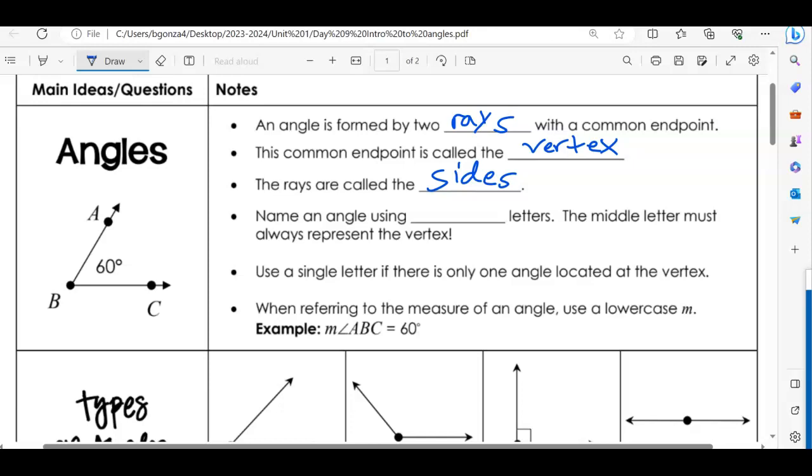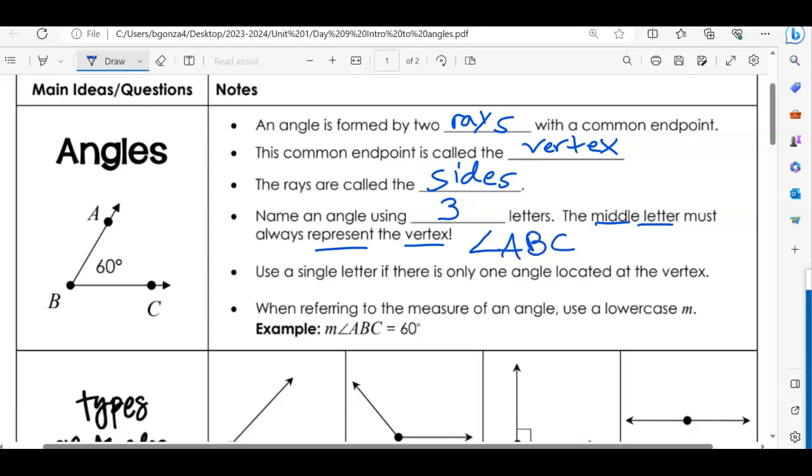And you name an angle using three letters, just like our warm-up today, right? The middle letter must represent the vertex, right? So what is the name of this? Angle ABC.